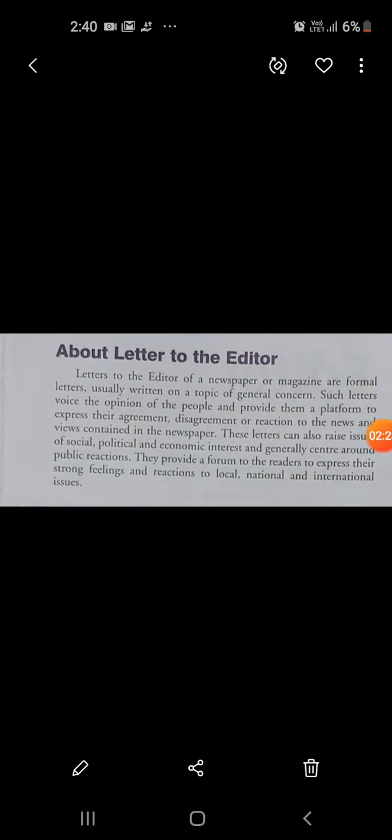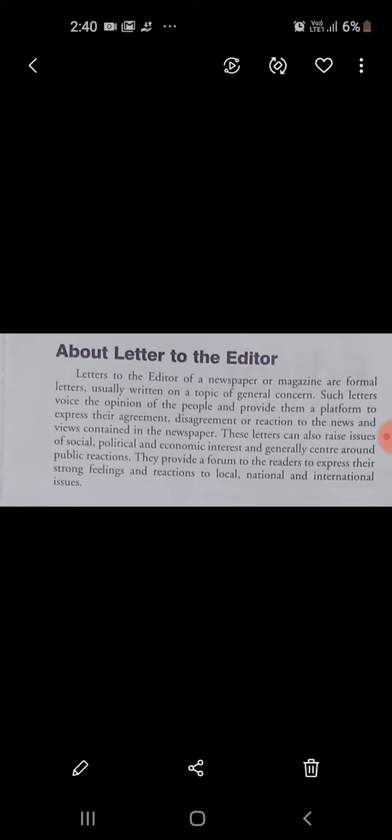Letter to the editor. Letters to the editor of a newspaper or magazine are formal letters, usually written on a topic of general concern. Such letters voice the opinion of people and provide them a platform to express their agreement, disagreement, or reaction to the news and views contained in the newspaper.